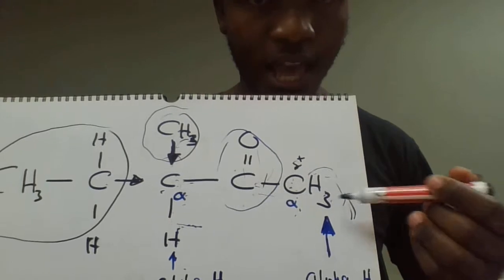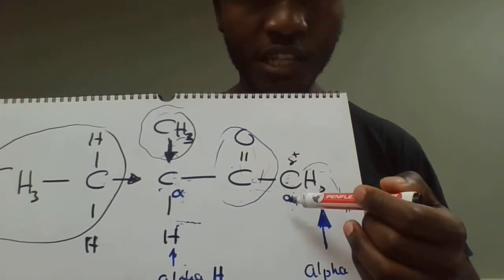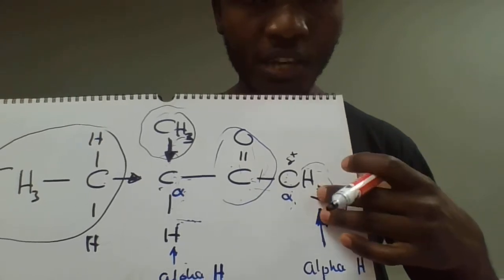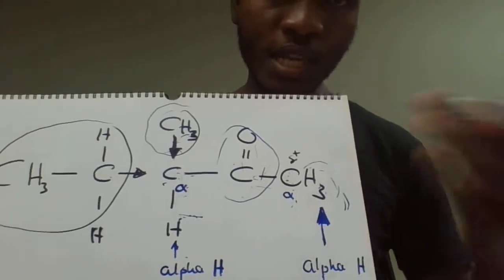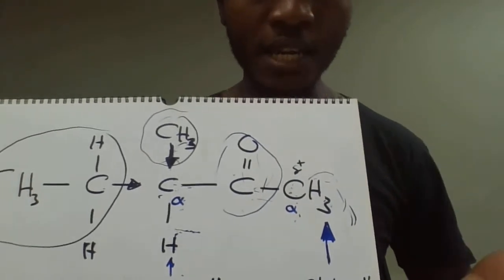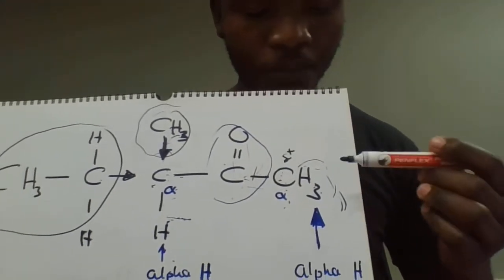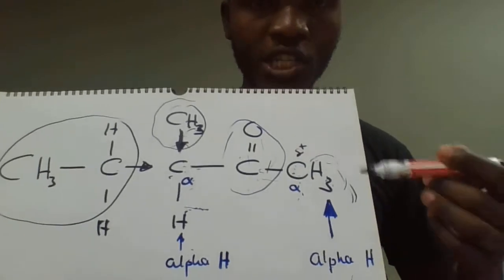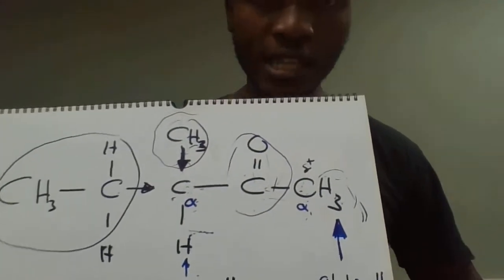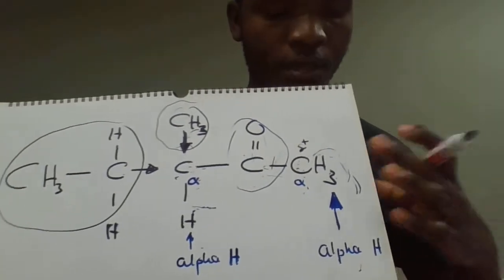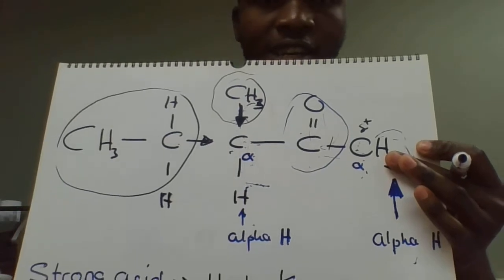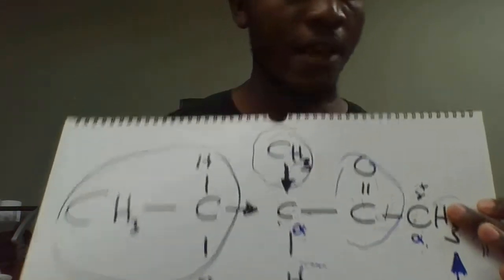Electrons are withdrawn away from these hydrogens, weakening the bond between the carbon and the hydrogen, making these hydrogens easily replaced. The easier it is to replace a hydrogen, the stronger it is as an acid. So this makes these hydrogens more acidic. I hope this is clear.